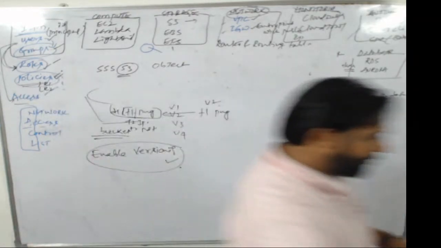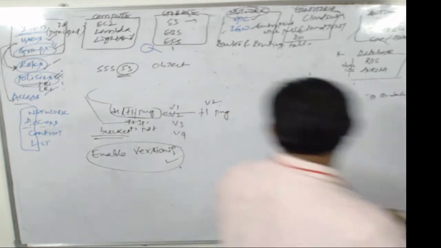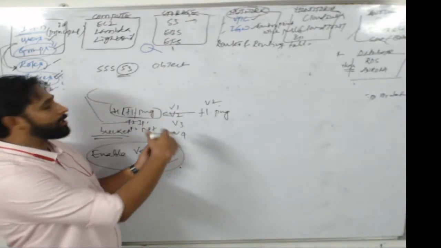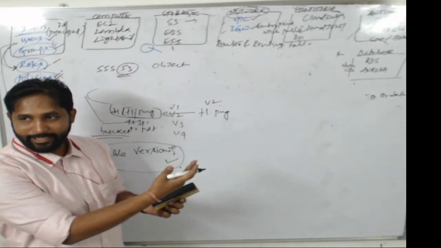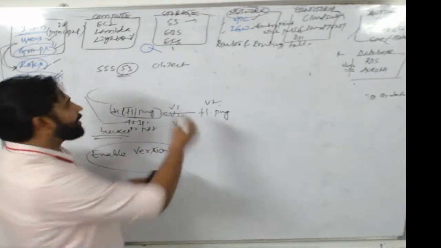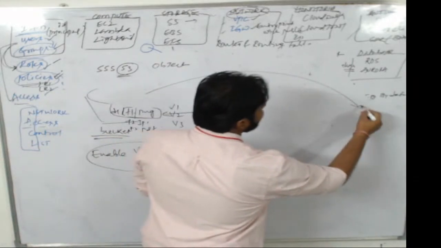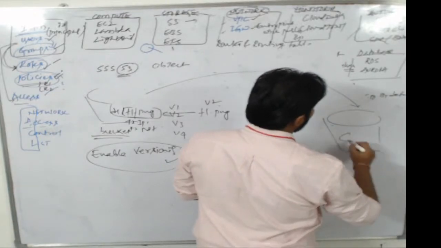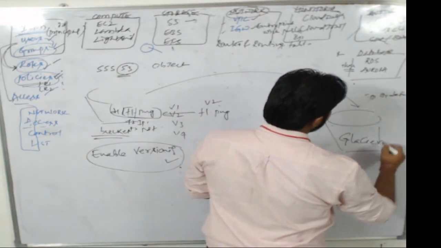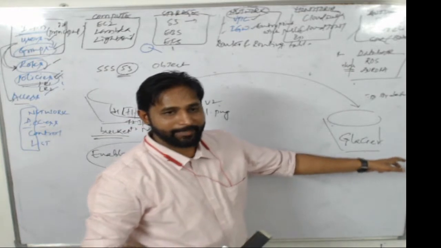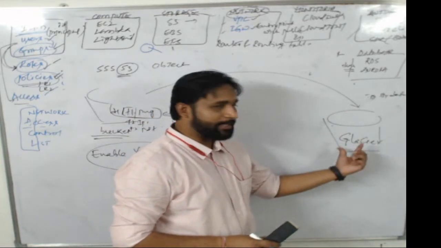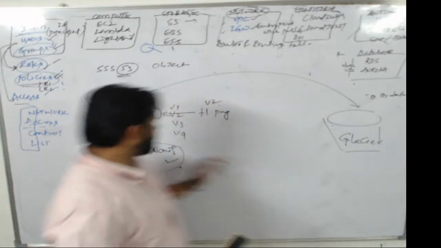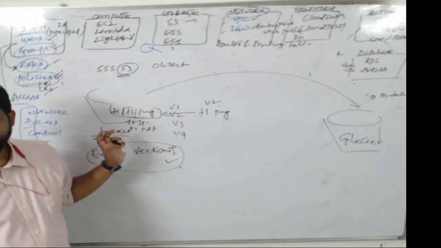Then AWS allows you lots of types of storage. What it says is, okay, you don't need these things, all right? If you are not opening any of these images for the next 30 days or 60 days, we have a very cheap storage called Glacier, where you can store everything. But the problem with it is, if you want to retrieve it, it's going to take you 5-6 hours. He says, okay, fine, I'm okay with it.